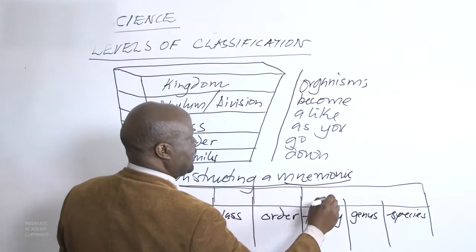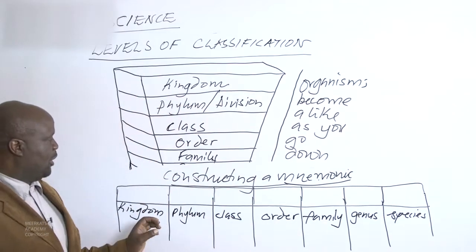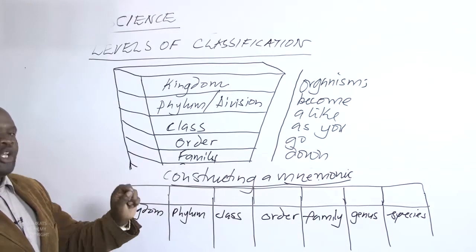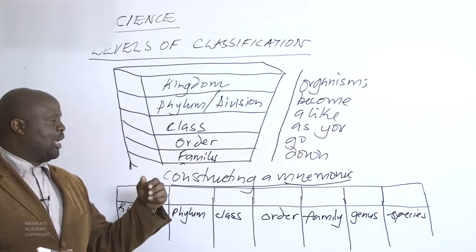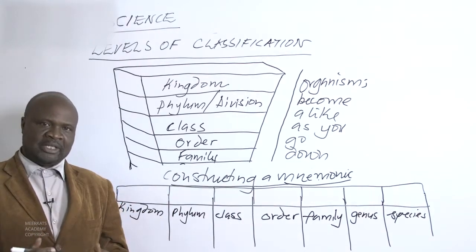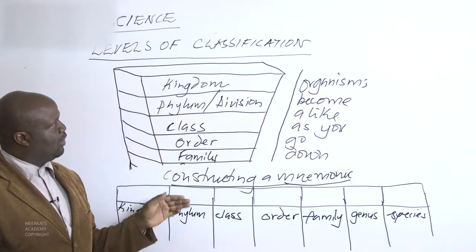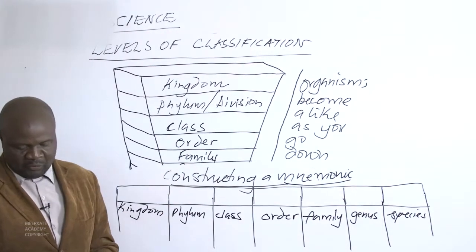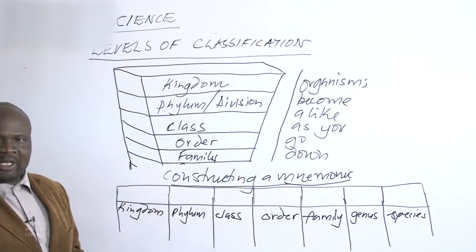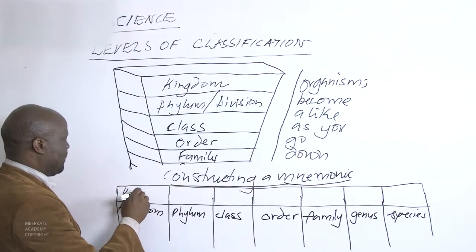Now, when you're constructing a mnemonic, what you have to pick from the order of these levels, from the kingdom, phyla, you pick the first letter, and when you pick the first letter, you can formulate sentences. When you formulate sentences, it can become easier for you to remember the order of these levels. For instance, from the kingdom, you pick the letter K, and you have your word in your sentence, keep.